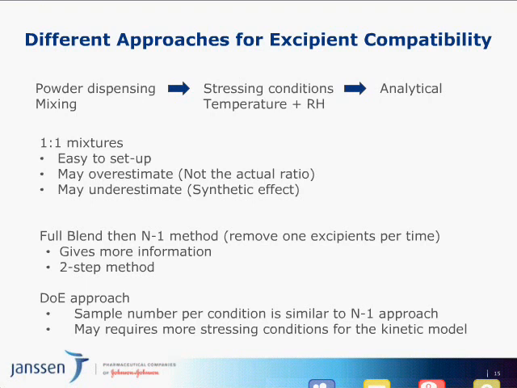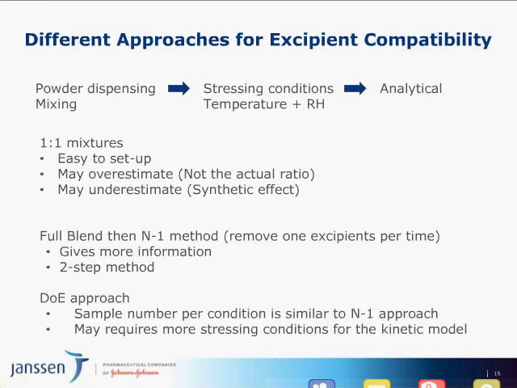Mainly we play with temperature and relative humidity. This is because temperature will change your reaction kinetics, and relative humidity is going to pull your molecules together. It's most commonly same plasticizer in this case. And in the end, we push the samples into the UPLC analysis to see whether they are compatible or not compatible.